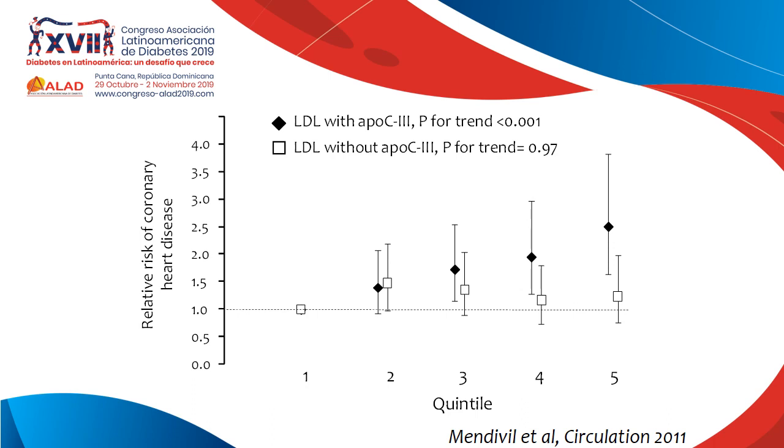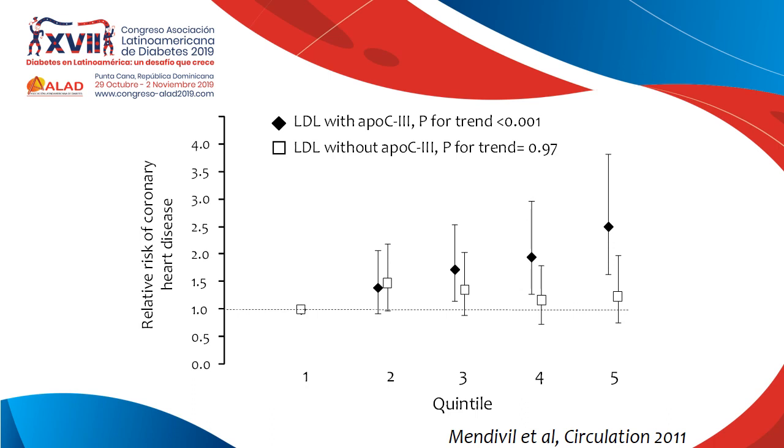This was a nested case control study, part of the HPFS and NHS cohorts, and we compared the cardiovascular risk across quintiles of LDL with or without ApoC-III, and what we found was actually pretty remarkable.